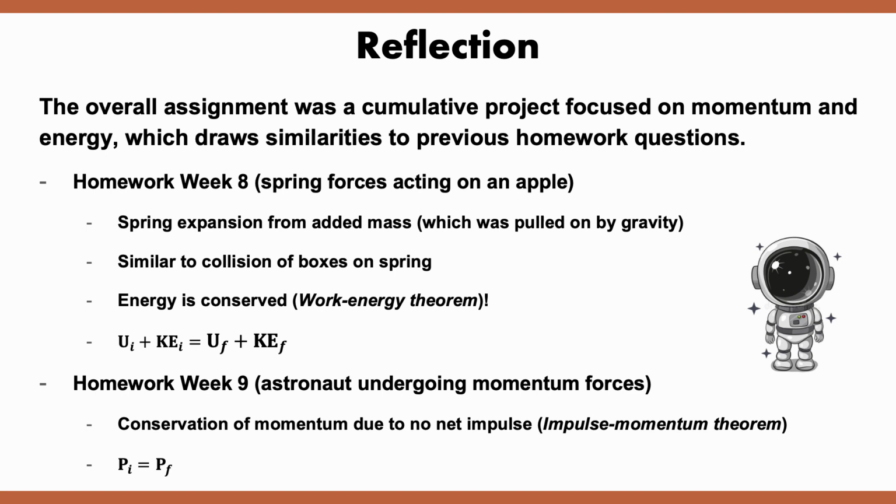And in homework 9, we talked about momentum and the relationship between the initial momentum and the final momentum. For this problem, we found it really important to take both of these concepts and combine them, and that's what allowed us to solve this problem in the way that we did. Those two homeworks were the most helpful in allowing us to complete this project and do it well.